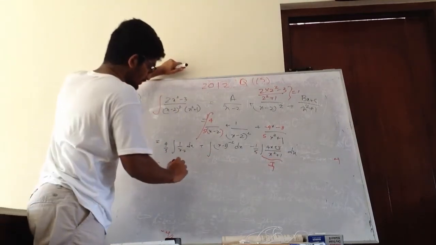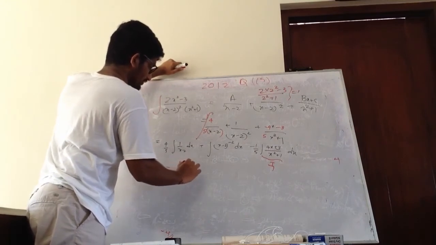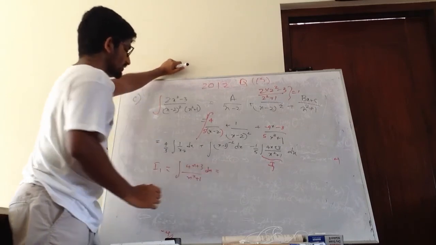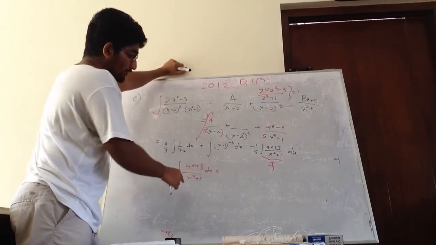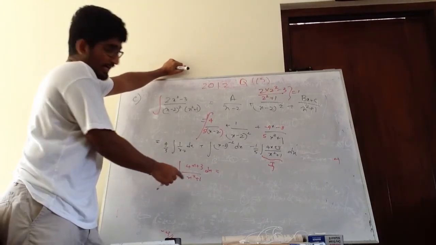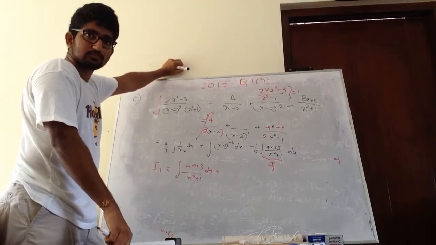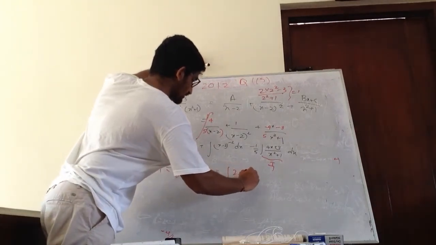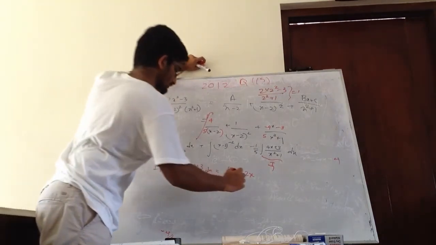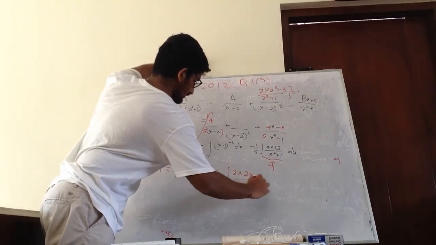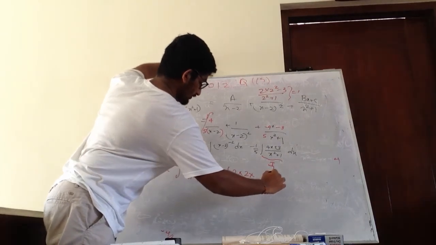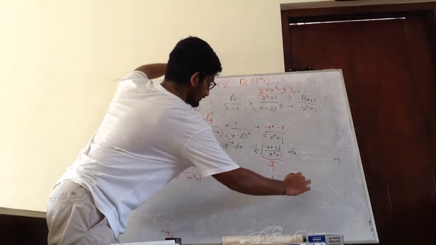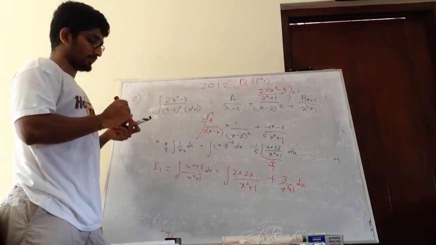So I1 is going to be the integral of 4x plus 3 over x squared plus 1 dx. So here, if I differentiate x squared plus 1, I will get 2x. Correct. So I am going to write this as 2 times 2x over x squared plus 1 plus 3 over x squared plus 1.